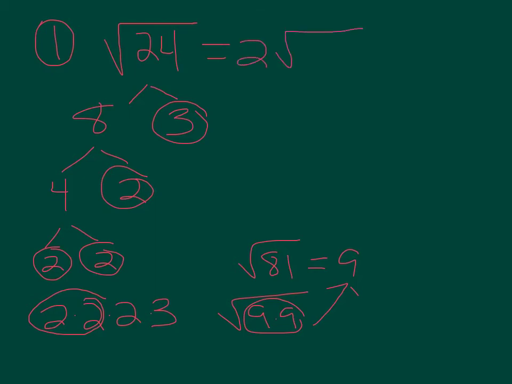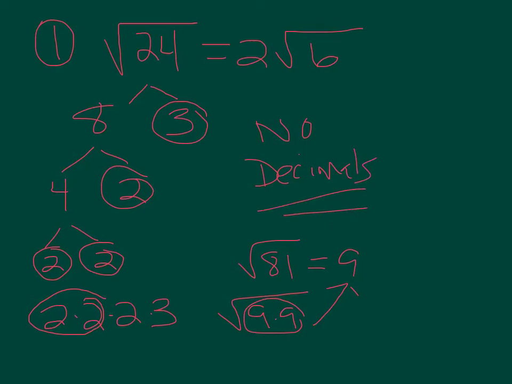Now this 2 and this 3 don't have anything to pair up with, so we multiply those back together and get 6, and it stays inside. So the square root of 24 simplified is 2 square root of 6. There will be no decimals in this unit. Do not use your calculator and put the square root of 24.